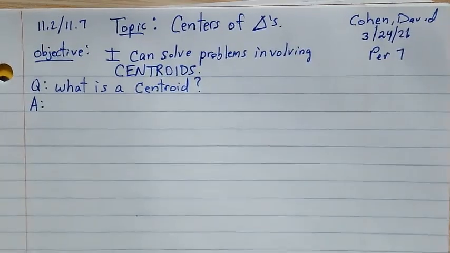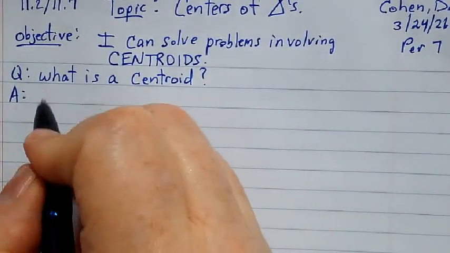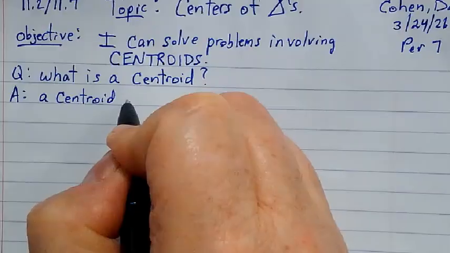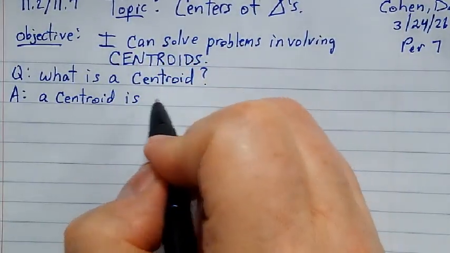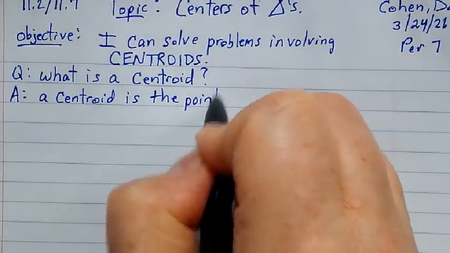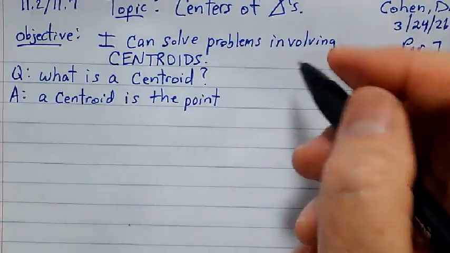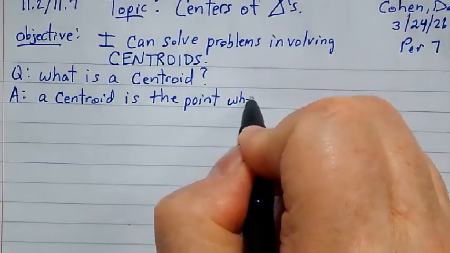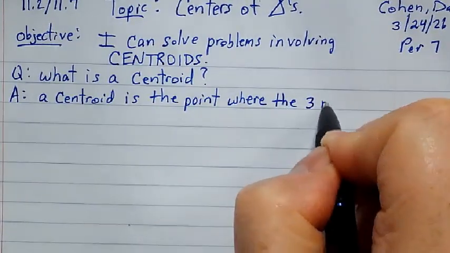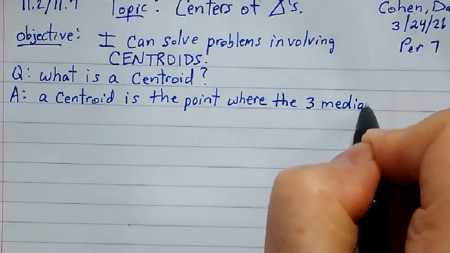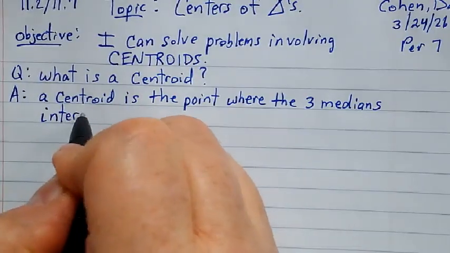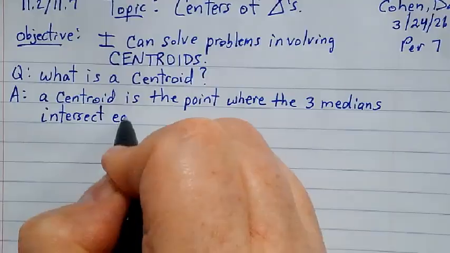So, first of all, a centroid is the point where the three medians intersect each other.